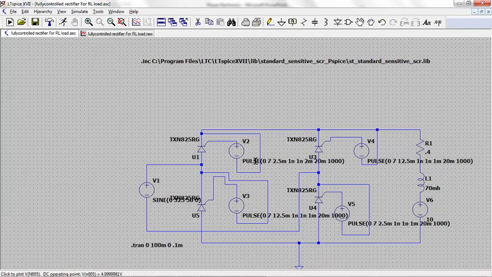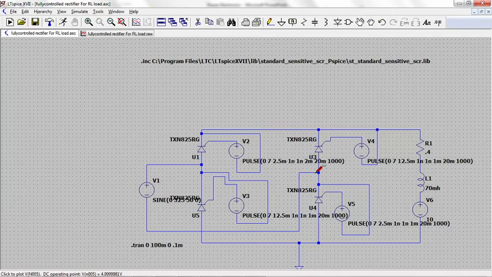Now what is the status of this? We need to think. Listen here, this side is positive now because we are in the negative half cycle, positive, positive, positive.